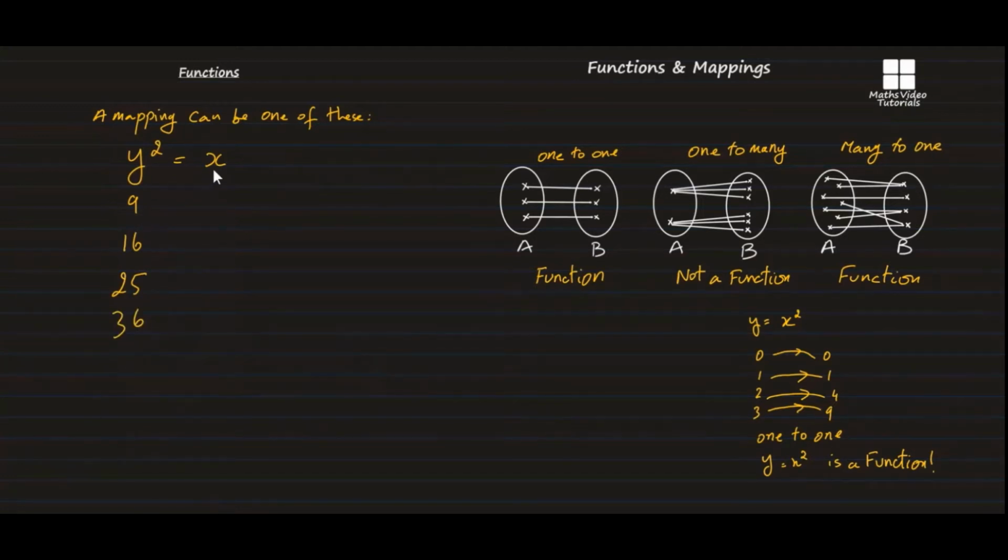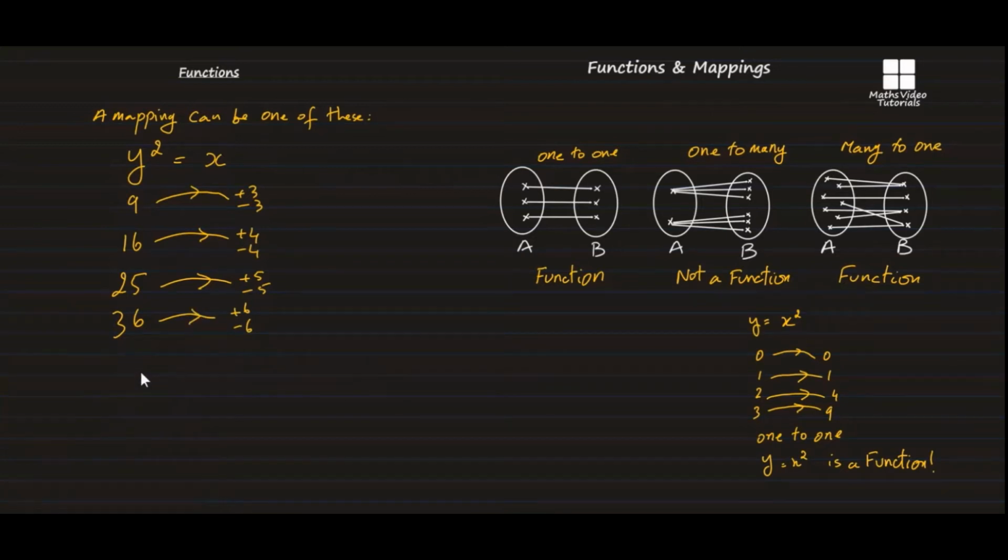If x is equal to 9, this means that y must have been either plus 3, because 3 squared is equal to 9, or also it could be at the same time negative 3, because negative 3 all squared also gives you 9. Same here, could be plus 4 or negative 4. Same here, could be plus 5 or negative 5. And finally, it could be either plus 6 or negative 6.